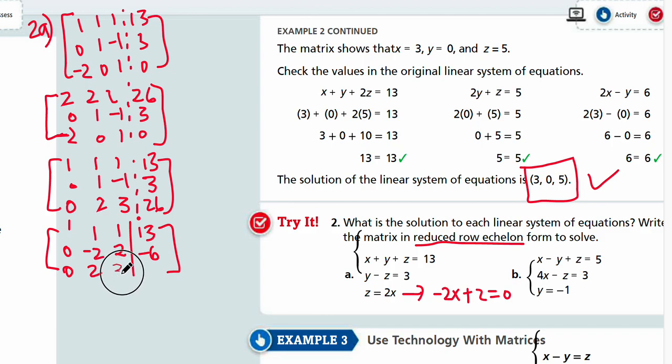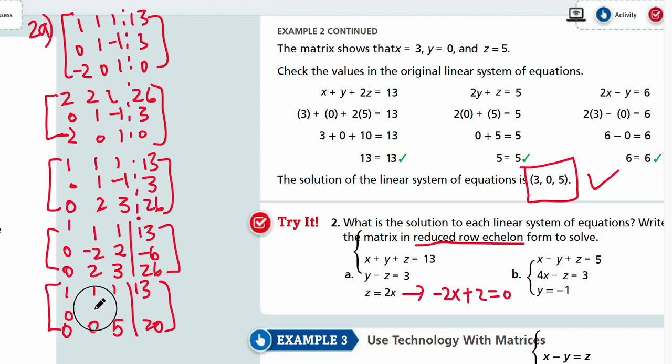And then 0, 2, 3, 26. And then we can add these two, the second and third row, in order to get your third row. So you have 0, 0, 5, and 20. Okay, and then your second row, you can divide it by negative 2 again to go back to your original row. Okay, and then I'm gonna continue over here.